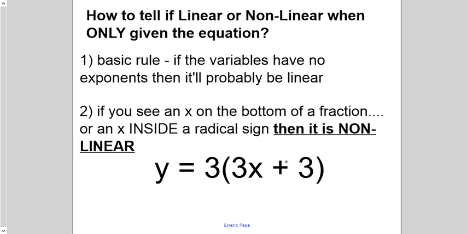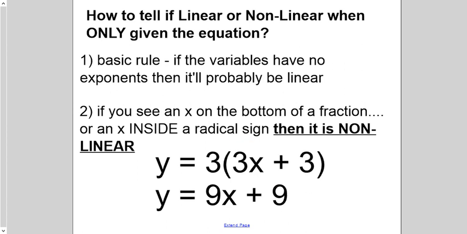We have parentheses right here, so 3 times 3x and 3 times 3, we would get y equals 9x plus 9 after the distribution, right? So we have to consider that to be linear because the x's, after we've simplified it, have no exponent. And that's the main thing. These parentheses kind of get in the way, so get rid of the parentheses if you can, and then check your variables, and that's the same rule as rule 1 up here.